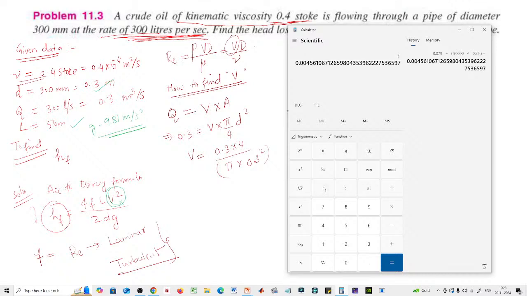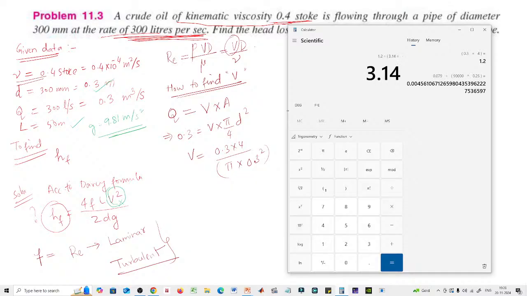First, 0.3 into 4, close the bracket, equals, then divided by, again open the bracket, pi 3.14 into 0.3 into again 0.3, close the bracket, equals.